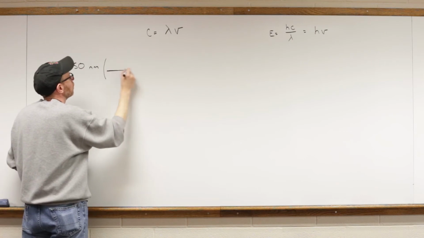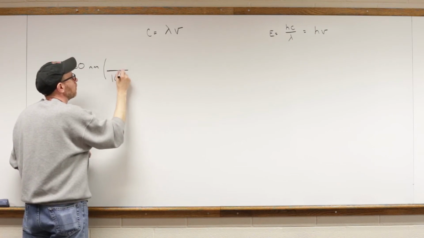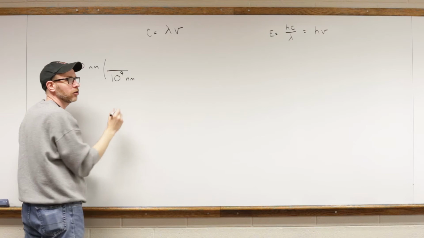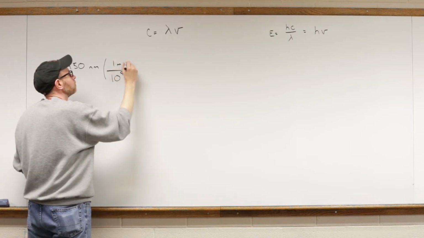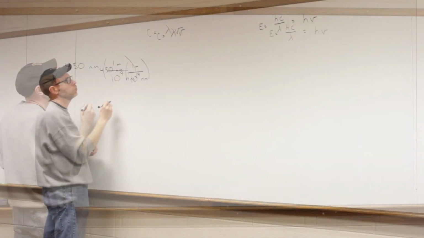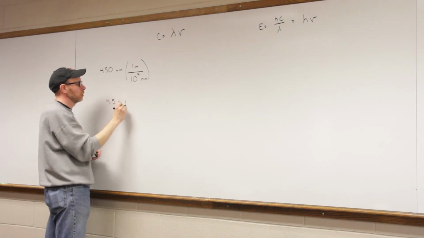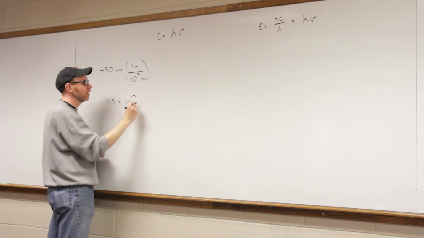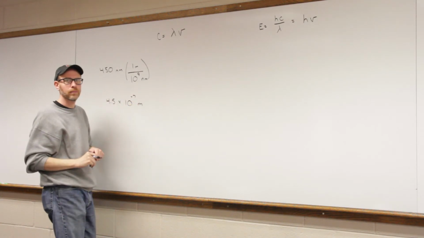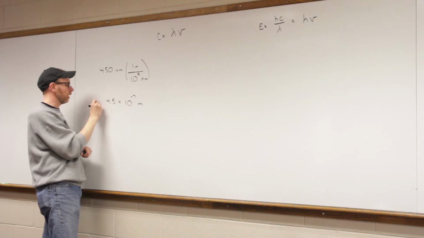So remember that there are 10 to the 9th nanometers in 1 meter. And when we do that particular transformation, we get 4.5 times 10 to the minus 7th meters. That would be our wavelength.